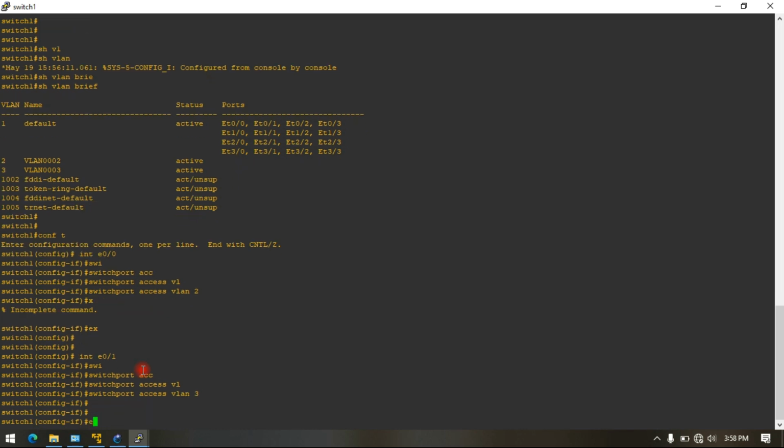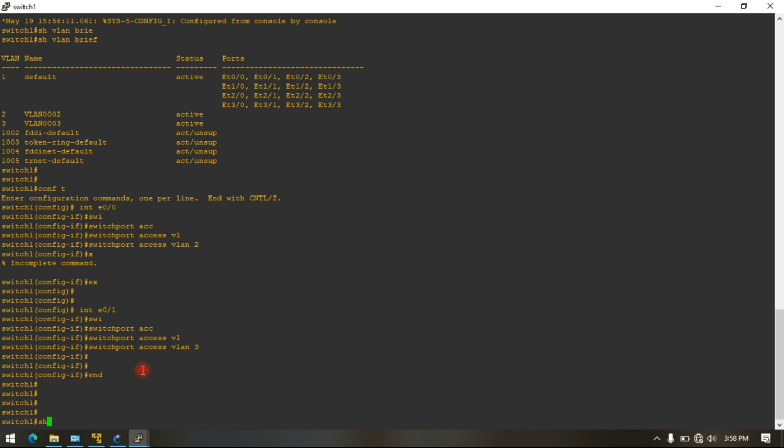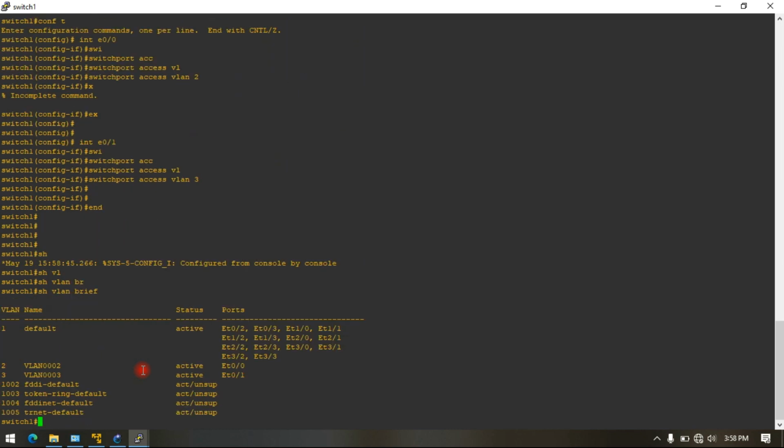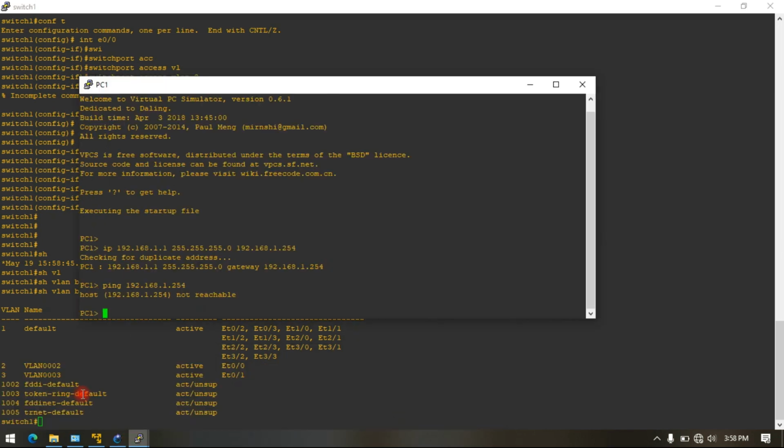And show VLAN brief, and at the moment they have been assigned to the respective ports connecting to our client computers. So let's see if the ping will work.